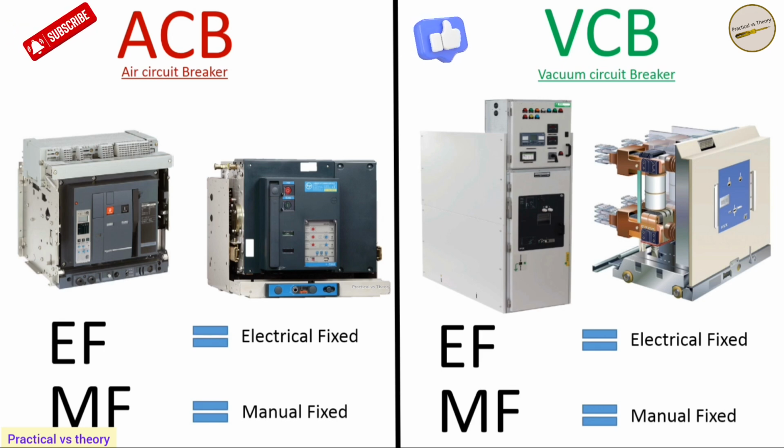Okay, now, the VCB. Fixed breakers are also available in VCBs, but you'll rarely see them. In other words, they're rarely installed. They're installed in such a small percentage of cases because, look, the maintenance of an 11 kV VCB is much less than that of an ACB. Now, what happens with our VCB is that if we install a fixed one, it means I'll have to cut off the supply at the back. This means that this VCB has two terminals, input and output. The input side is also coming from 11 kV.